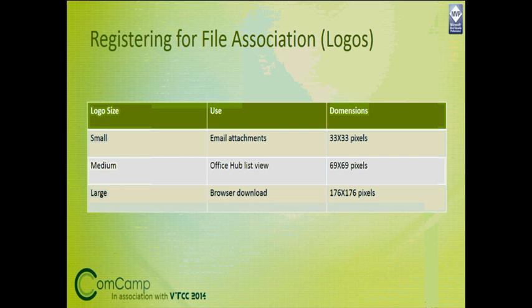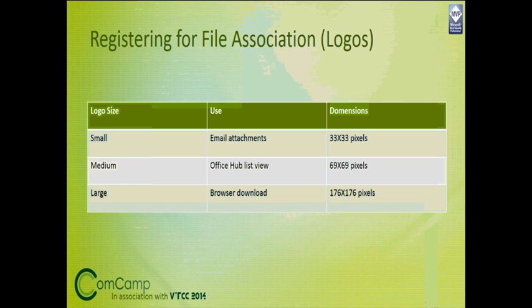If you have an Office Hub or you want to show something like a list view, then you need an image of, say, 69 by 69 pixels. And if you want to use it in a browser download, you'll have a 176 by 176 image. It's just an optional field for you to define the logos for your file extension.